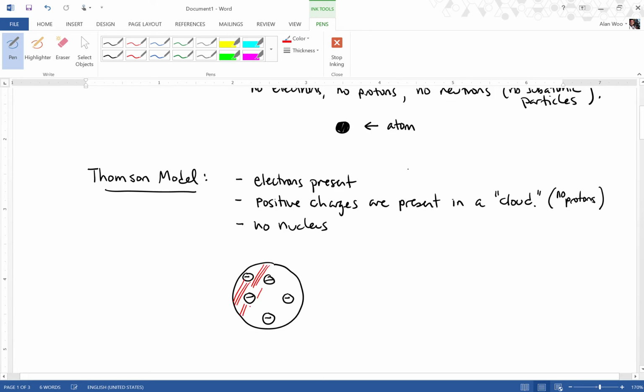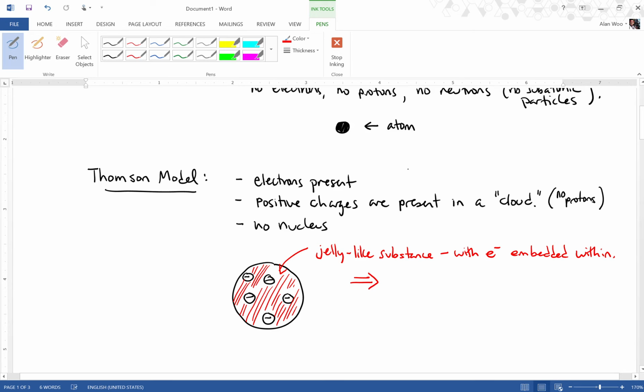Okay, so if I use red here, and I'm just shading in all the empty regions, okay, this was a jelly-like substance, or what they thought to be a jelly-like substance, with electrons embedded within.